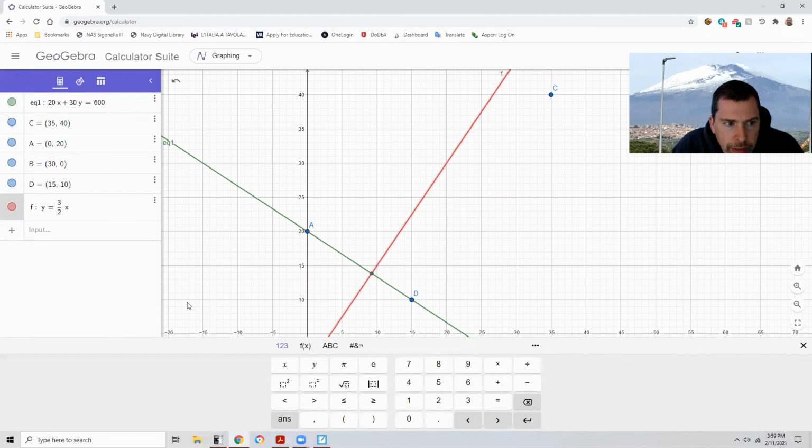So I need a parentheses here, 3/2 x minus 35, plus 40.